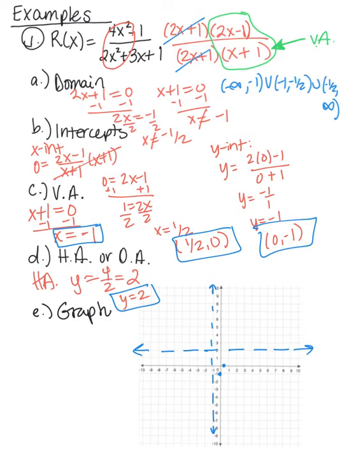Going back to the very beginning, we said an asymptote, when we first described it in chapter 5.2, was a value that I'm going to approach, but I'm never going to cross. So I'm going to get really, really close. So if I just play connect the dots here, and I start connecting the dots between these two intercepts, I know that I'm going to have to approach this horizontal asymptote at 2.